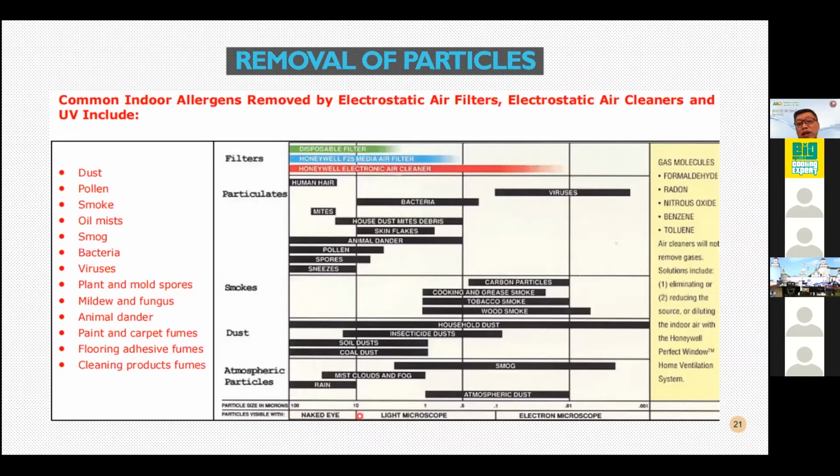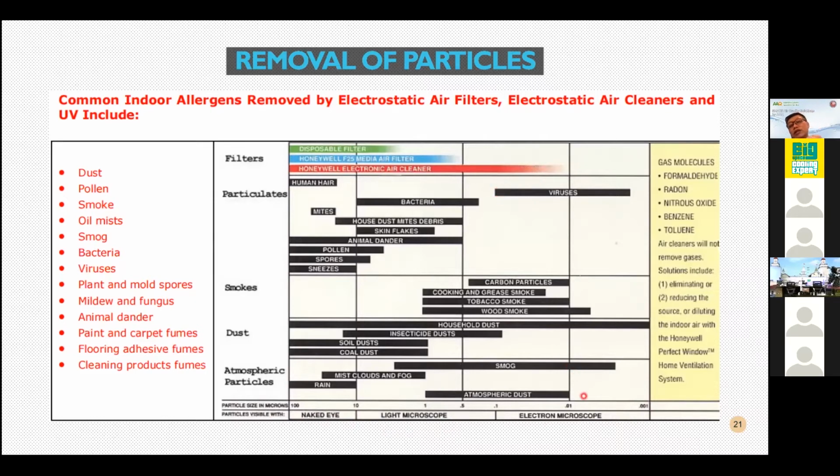Anything below 10 micron, you may require a light microscope or electron microscope for submicron and even smaller. The electronic air cleaner is able to filter submicron particulates. As you can see here, virus is under this category.